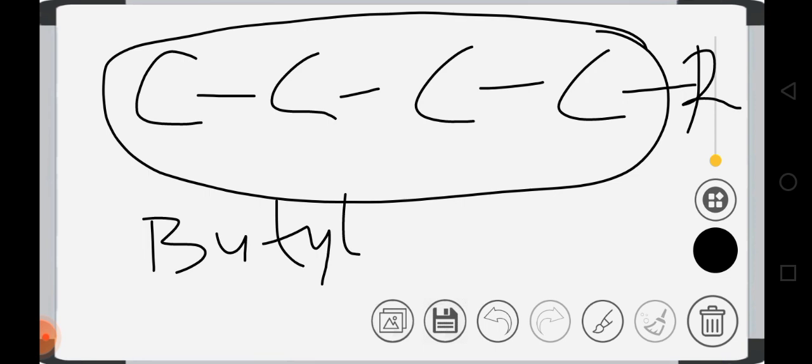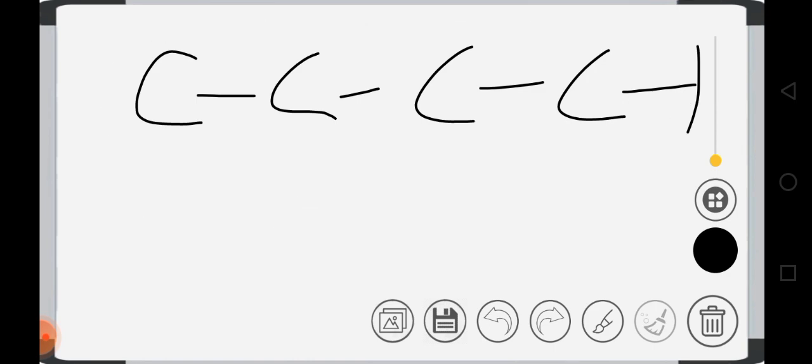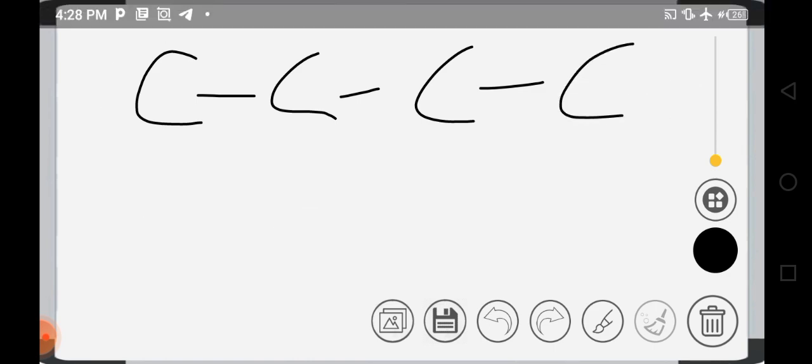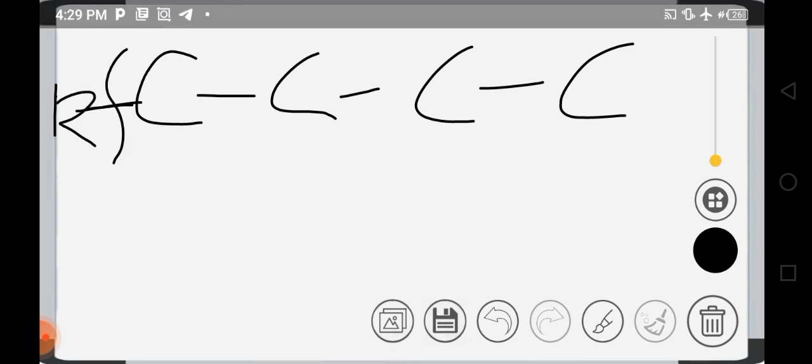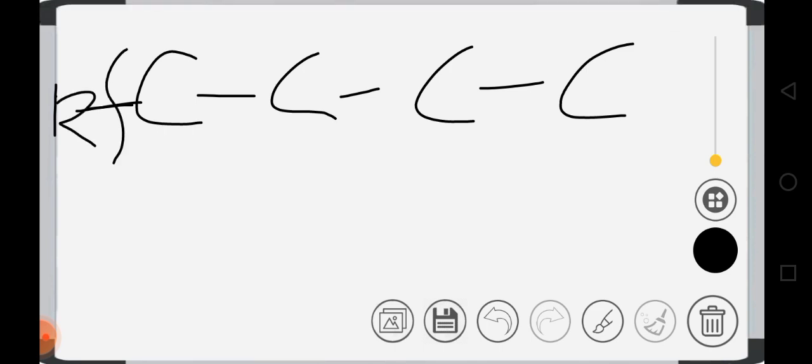But look at another thing. Let's assume we rearrange it, and the one losing the hydrogen atom is either of this and this. If this one loses the hydrogen atom, it's still the same thing as normal butyl. For example, if you put the arrow here, it's still normal butyl because it's still a primary carbon that is losing it.